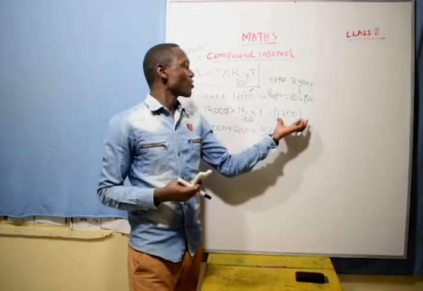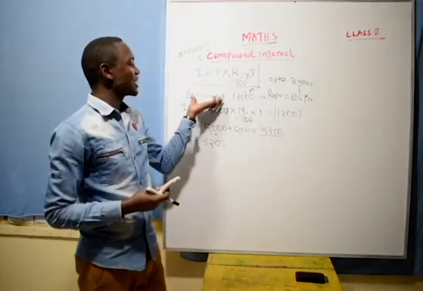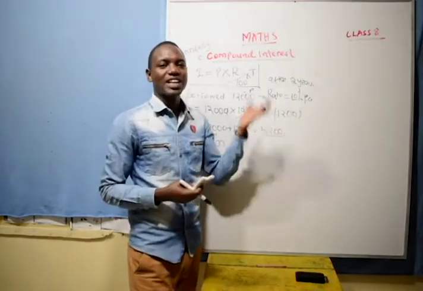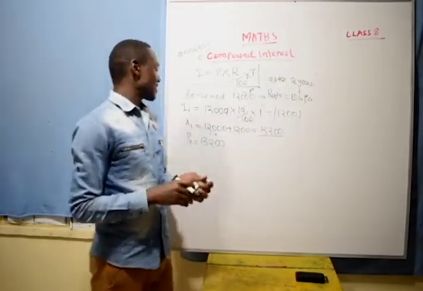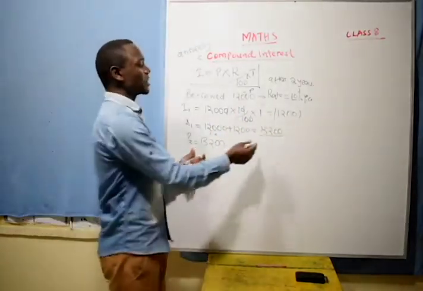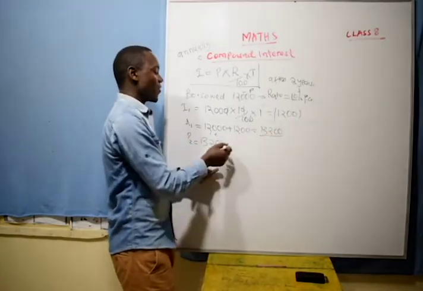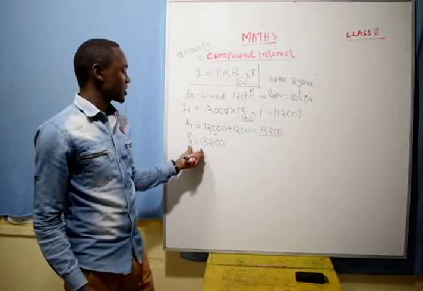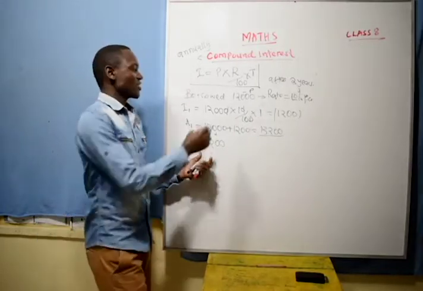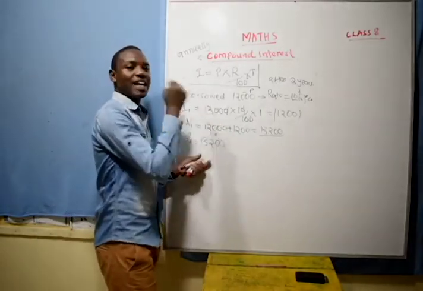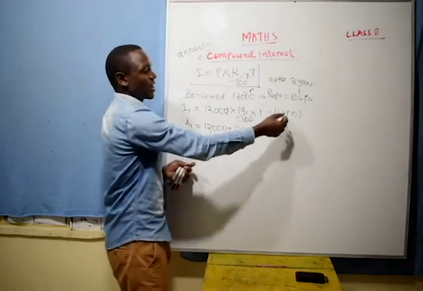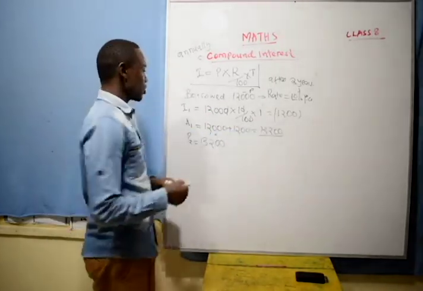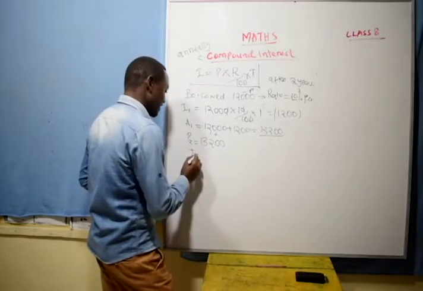So the total amount of debt that you have is 13,200 at the end of the first year. So at the beginning of the second year, the same amount of money will be carried forward to your account. So the principal for the second year will be 13,200, not the 12,000, because already 12,000 has earned 1,200 shillings.